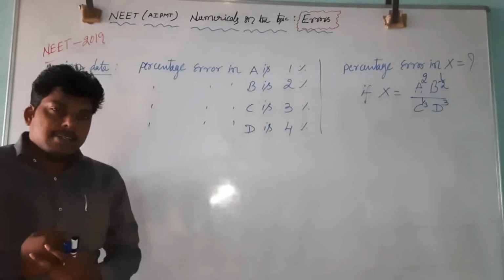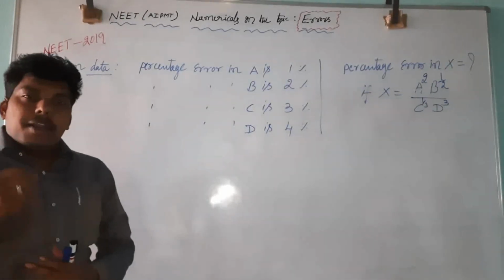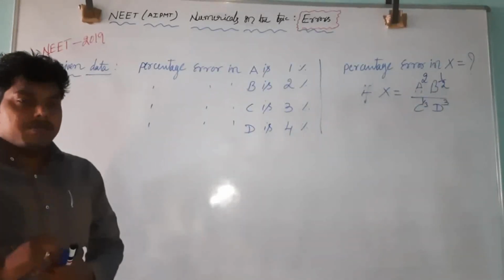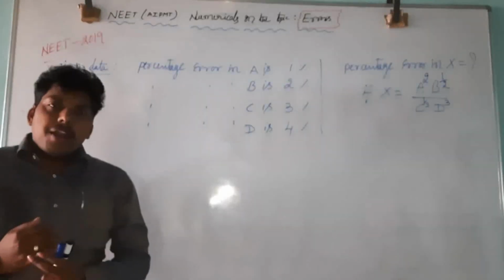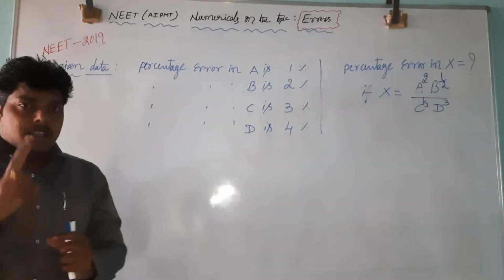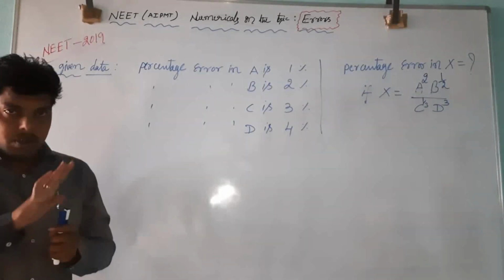The first one is error due to multiplication, and another one is error due to division, along with that one, error due to power of a physical quantity. Here error due to multiplication or error due to division, these two have the same formula. We will use the same thing only, there will be no difference at all.